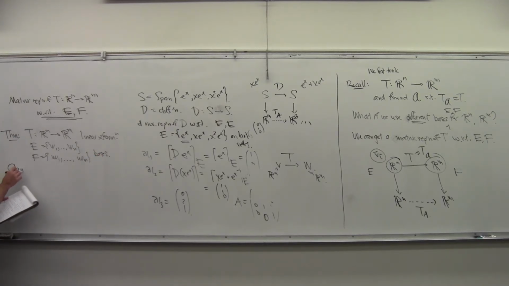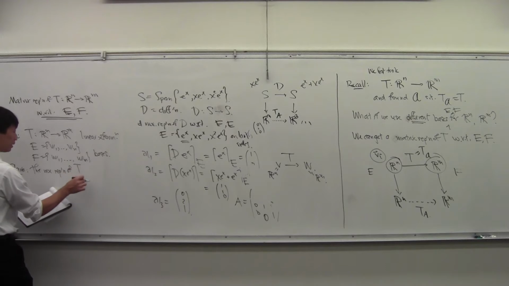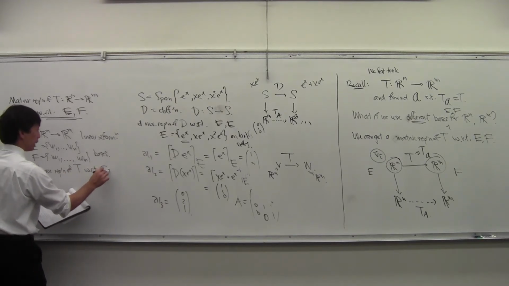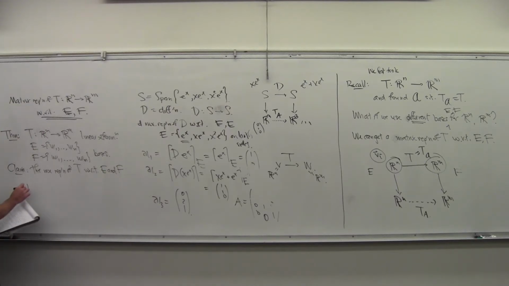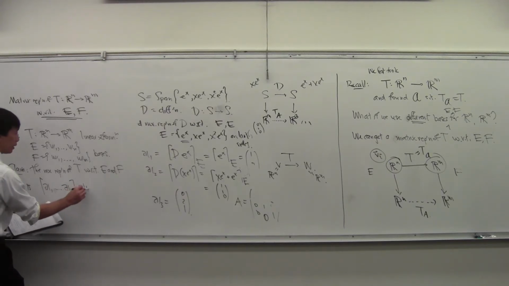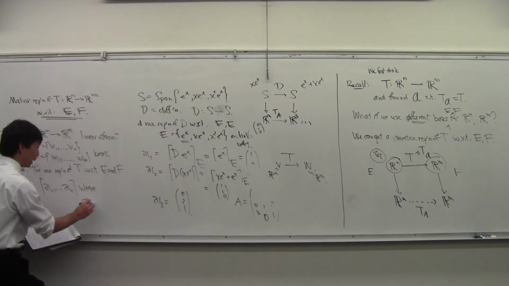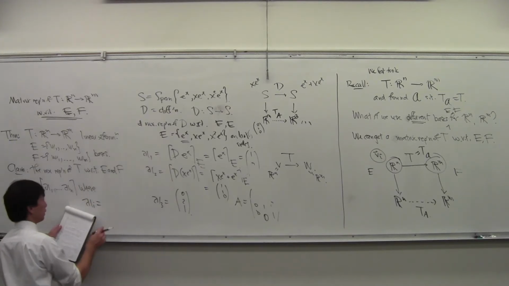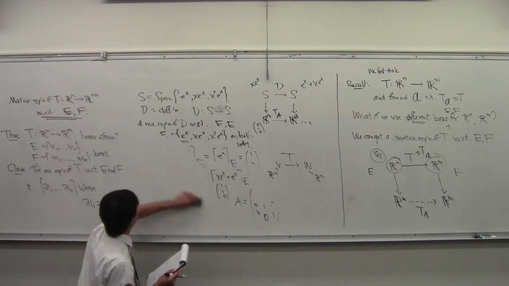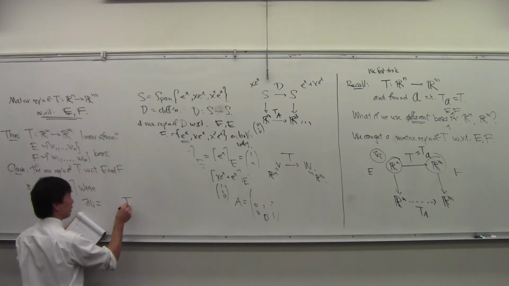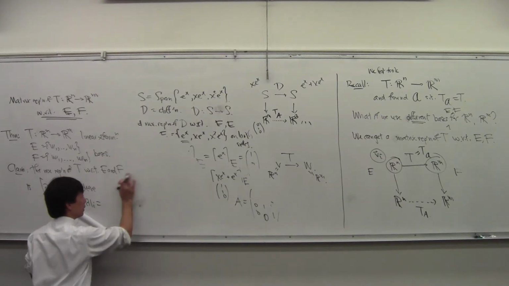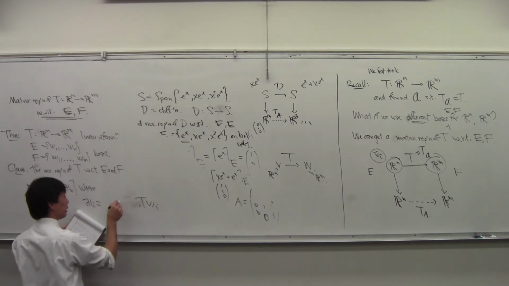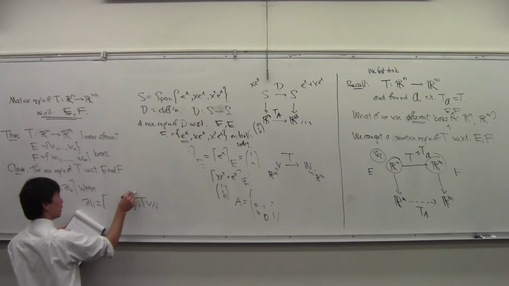Then I claim that the matrix representation of T with respect to E and F is A1 through An, where Ai is T Vi hit with the inverse of W1 through Wm.